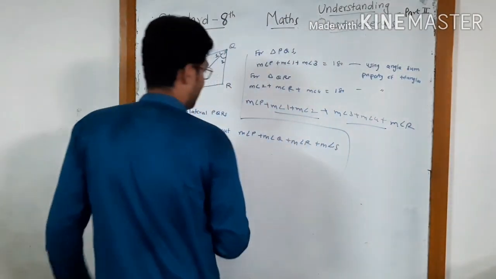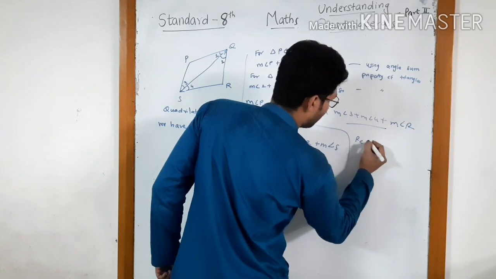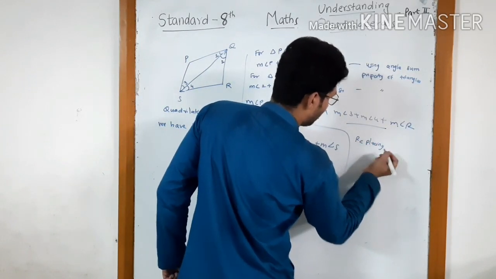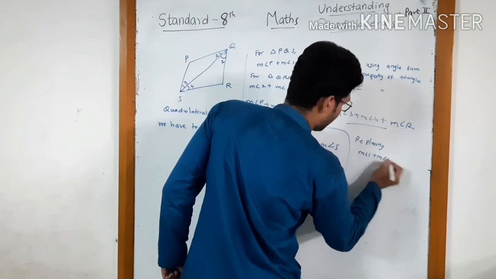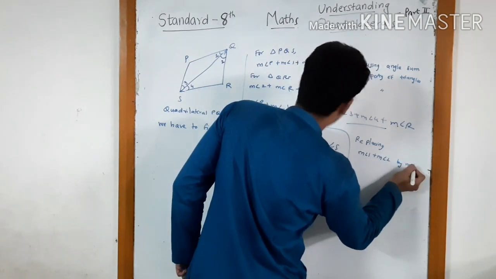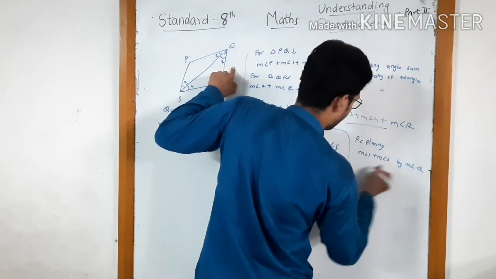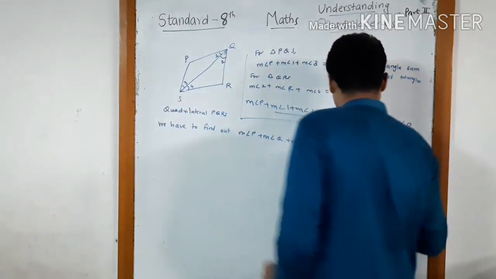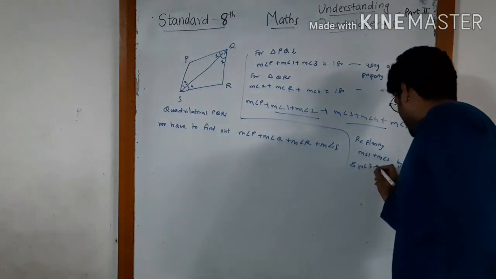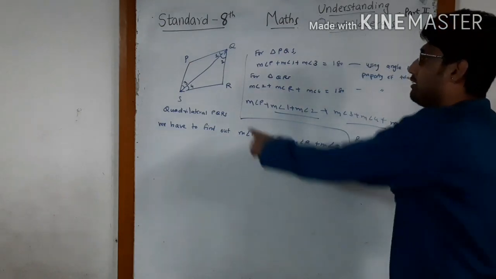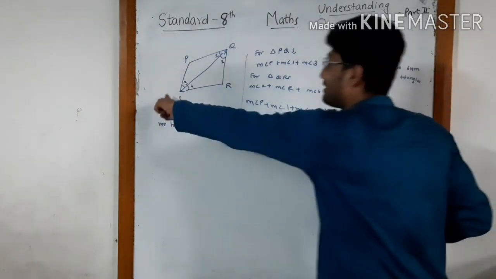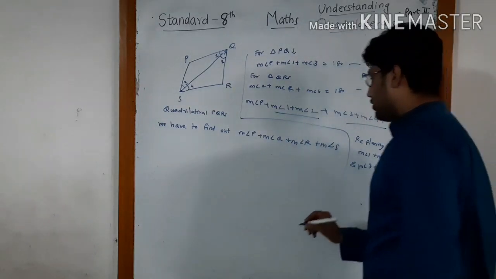So I will be replacing measure angle 1 plus measure angle 2 by measure angle Q, and measure angle 3 plus measure angle 4 by measure angle S. What do I get?